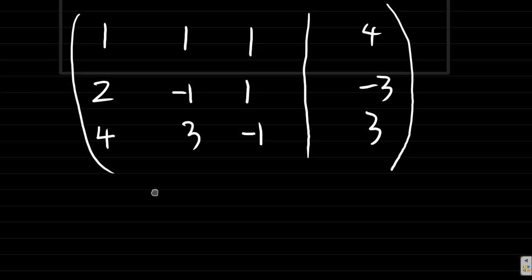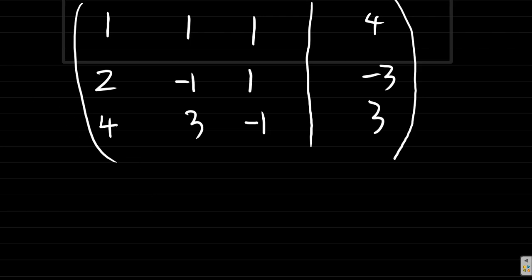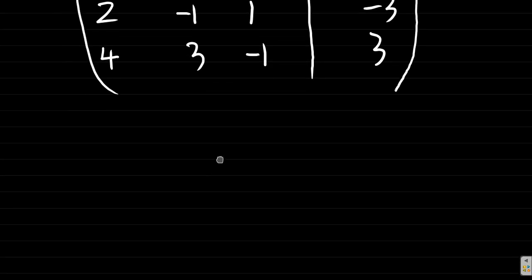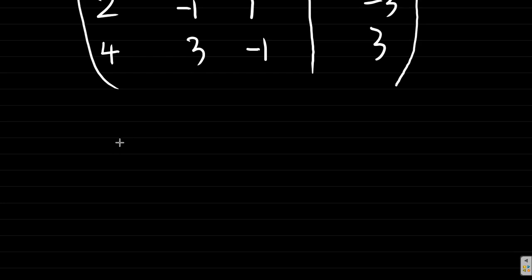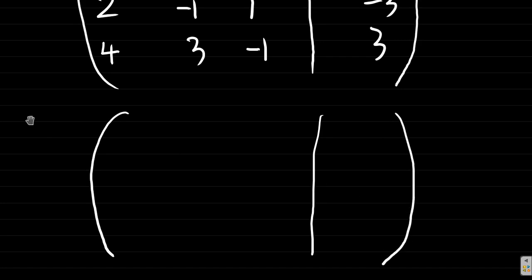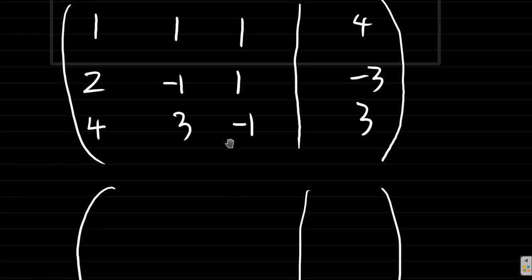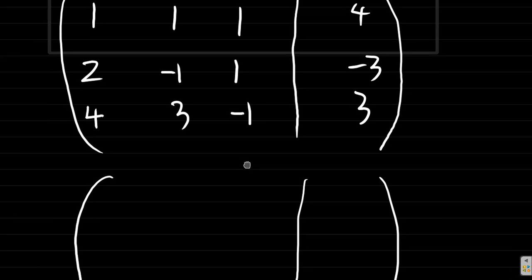So here, what we can do is change row 1 so that you have 4s across. So, alright, let's not change row 1. We could change row 1 to show the working.